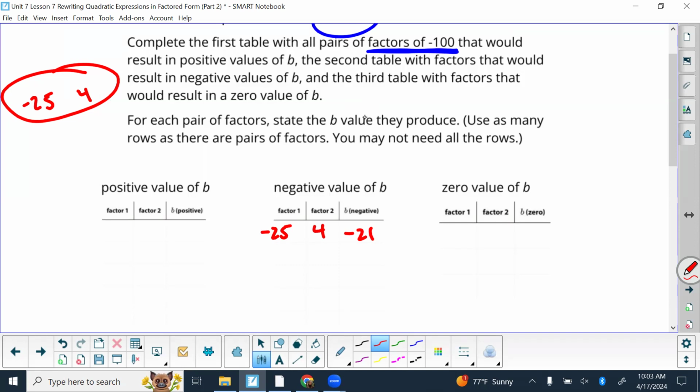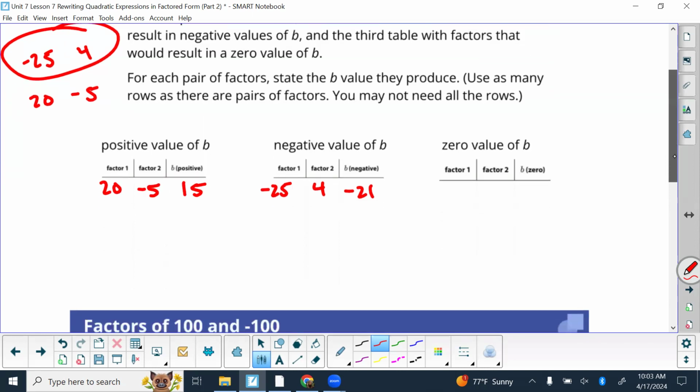Wait, table 9 would be... What was that? 20 times negative 5 does give me negative 100 when I multiply. What table do I need to put that pair in? The first table, because when I add them, I get a positive. What do I get when I add them? 15. Okay, table one, your turn.